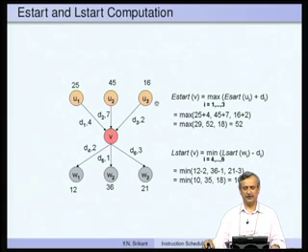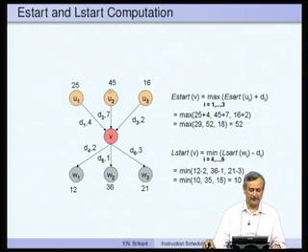U 1, U 2, U 3 are the 3 nodes which are already scheduled, the predecessors rather, and V is the node for which we want to compute the E start. U 1, U 2, U 3 have their E start already computed, not scheduled. So, 25, 45 and 16 are the E start times for U 1, U 2, U 3.